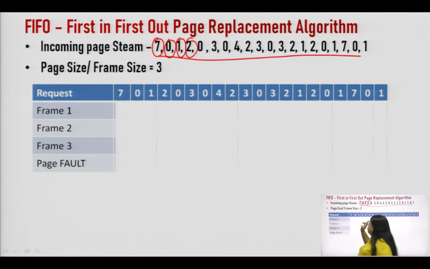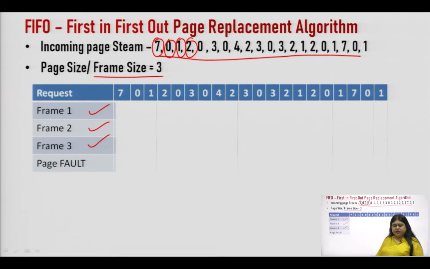Now, what is specified? The frame size. The frame size tells you how much availability of memory is there in the main memory. That means, if it is saying that the frame size is 3, that means only 3 frames are available in the main memory. So, whatever pages you require can be filled only in these 3 frames, right.